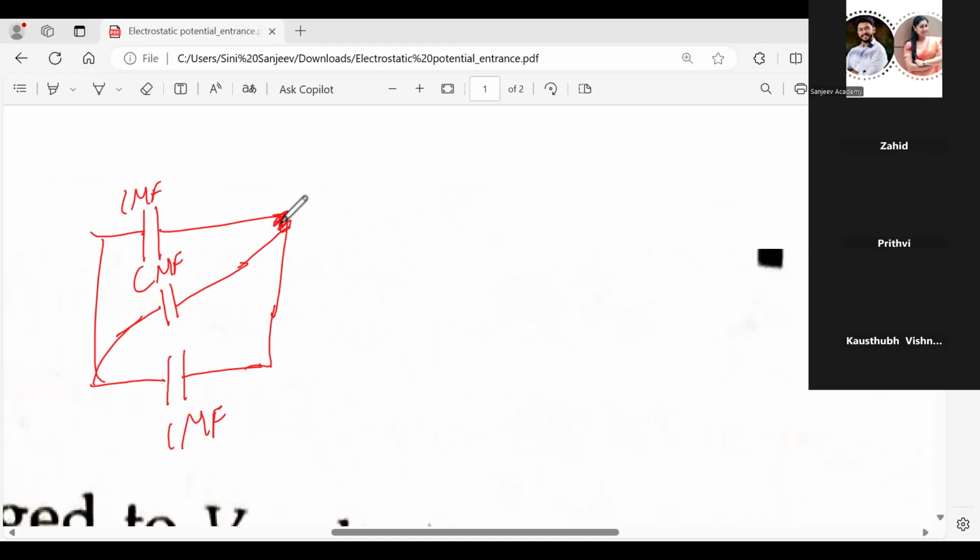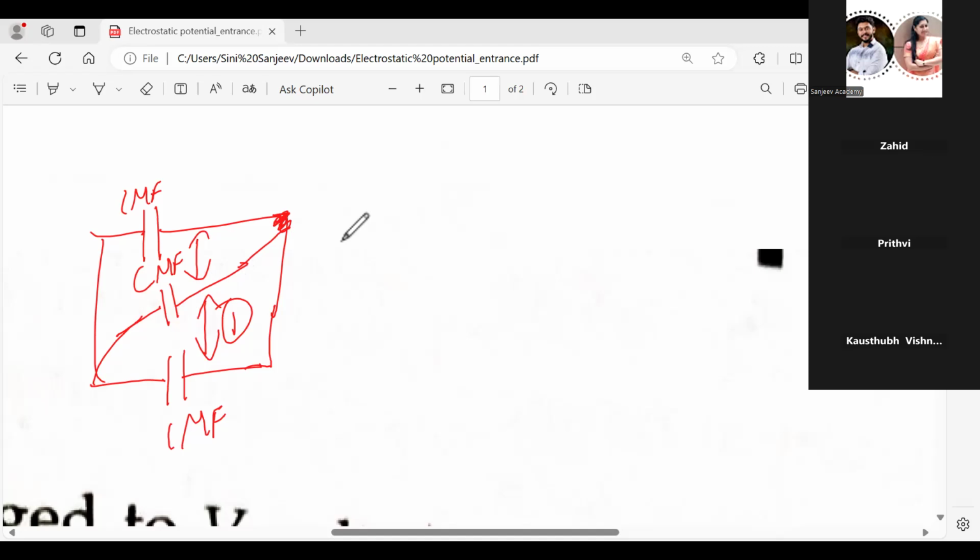Coming to this, again redraw this entire thing. This and this are in parallel, or I can take this and this in parallel. Here I'm taking this and this in parallel because current can enter or leave in three ways. The same concept, correct? If it is in parallel in capacitance, what should I do?